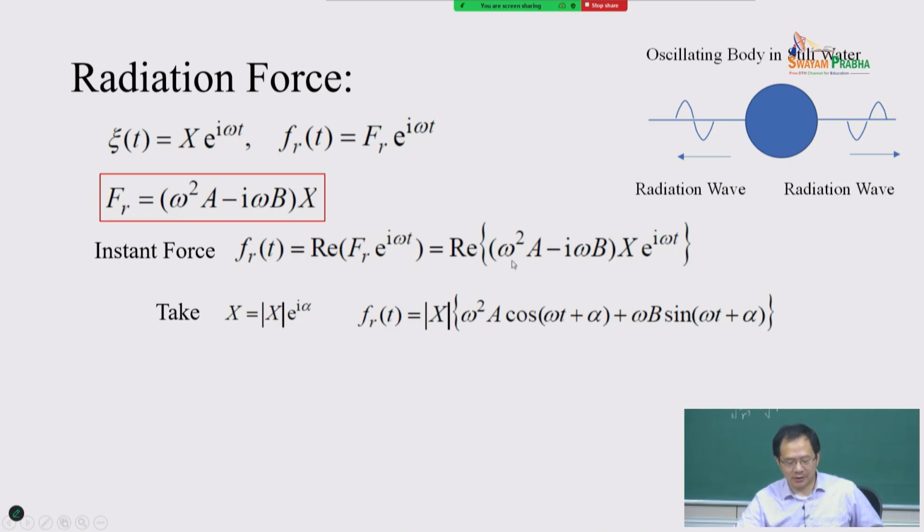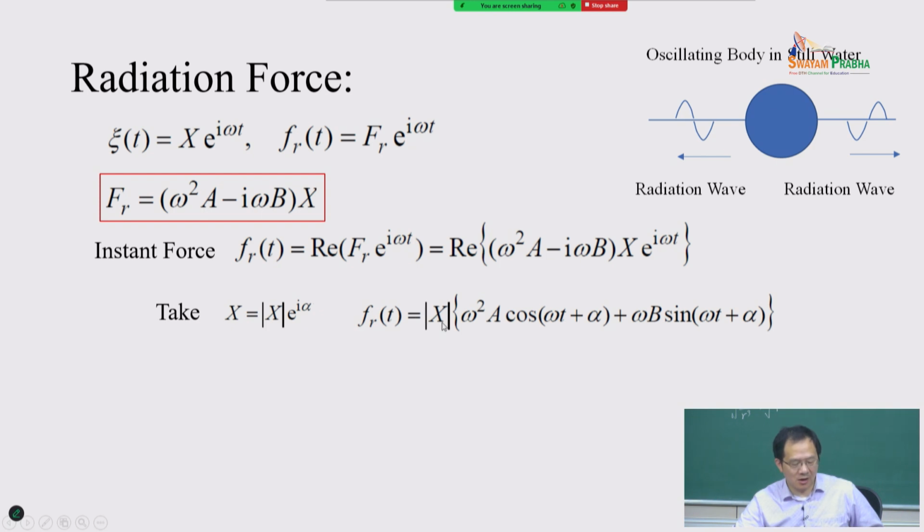The real part corresponds to cosine, the imaginary part corresponds to sine. This is cosine(ωt plus alpha) with real coefficients. They have i here, and e^{jωt} corresponds to sine. You have the phase, add them together, and that is the instant force for the given amplitude x.